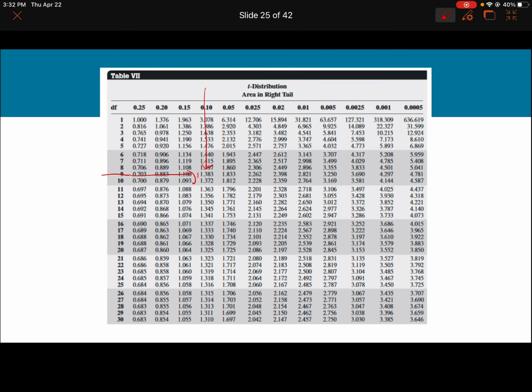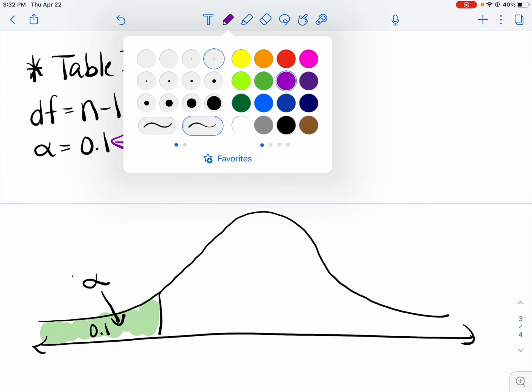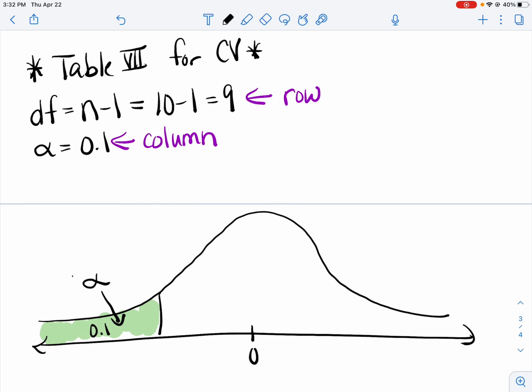And notice here I get 1.383. Zero is in the middle of my number line with my t-values. So rather than being a positive, since I'm to the left, my value would be a negative 1.383. And so my t alpha over 2 is negative 1.383.